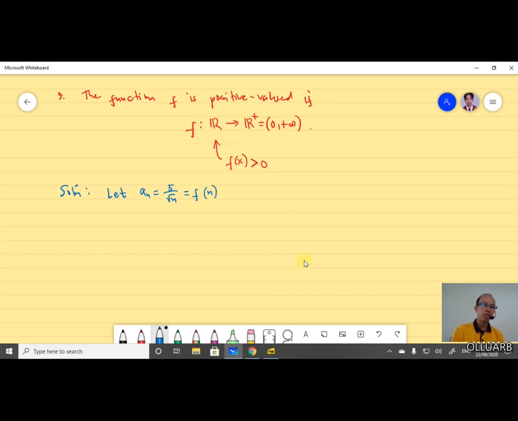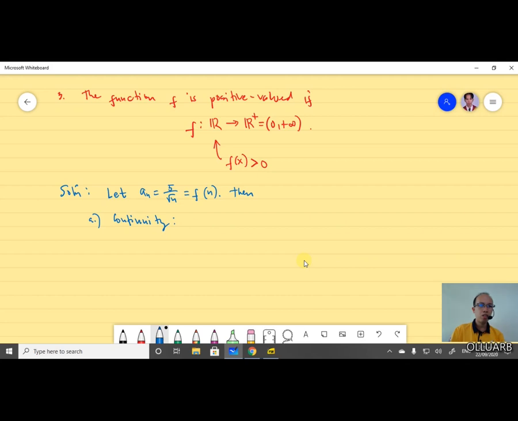Okay, and then we are going to show the 3 conditions. So the first condition is continuity.